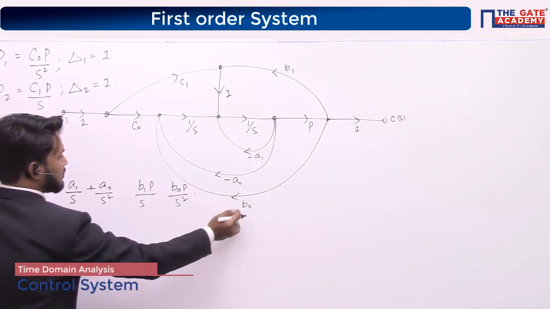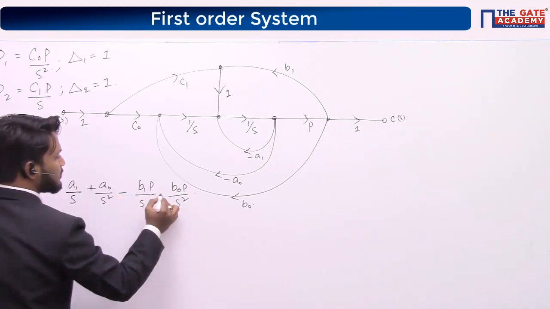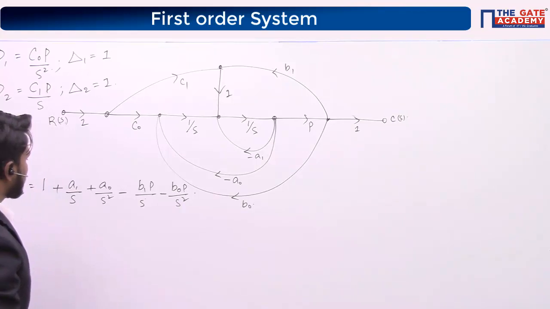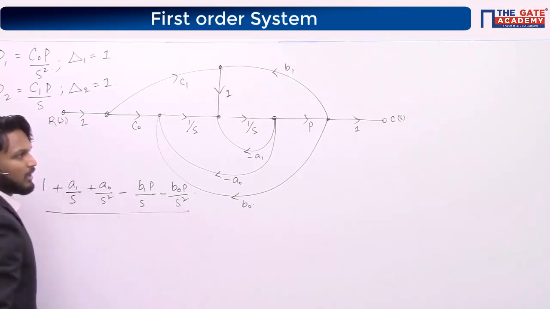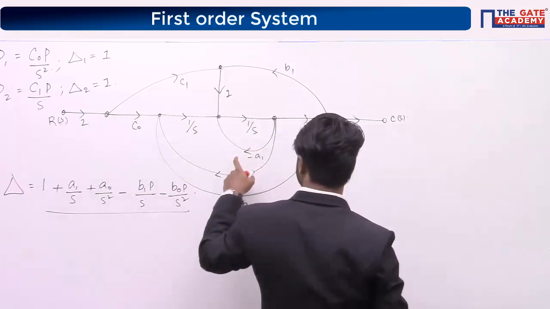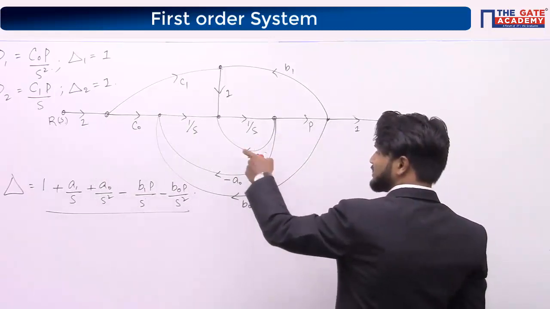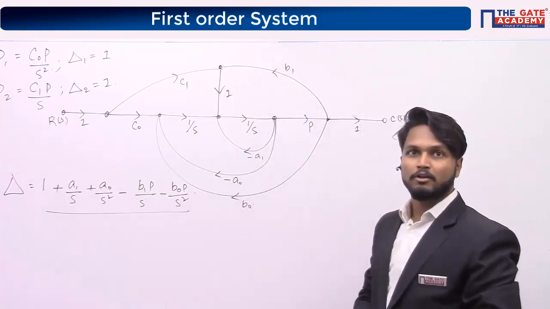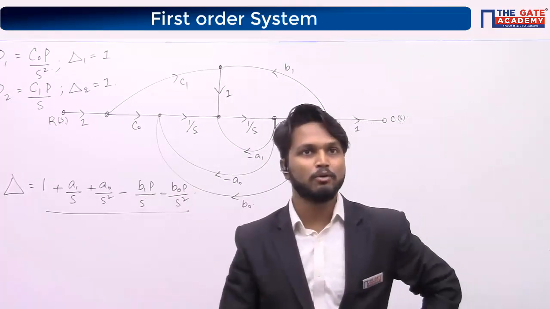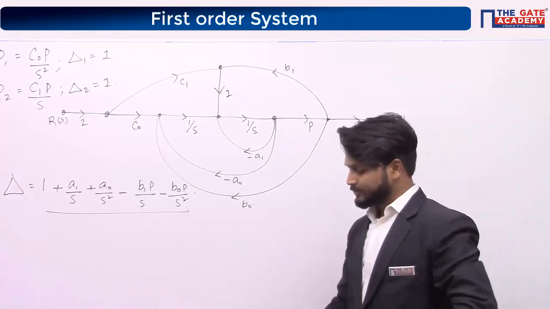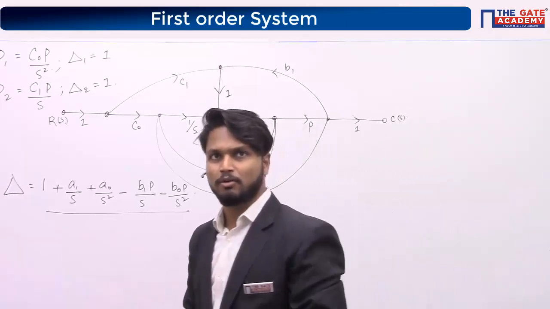This is not minus B0, this is plus B0, and this is plus B1, right? So these are the loops, and this is delta. There are no non-touching loops at all, the loops are touching each other, right? This loop is touching this one, whereas this loop is touching both these, and this loop is touching these two. So all the loops are touching each other. There are no non-touching loop pairs or triads in this, right? So this is delta.